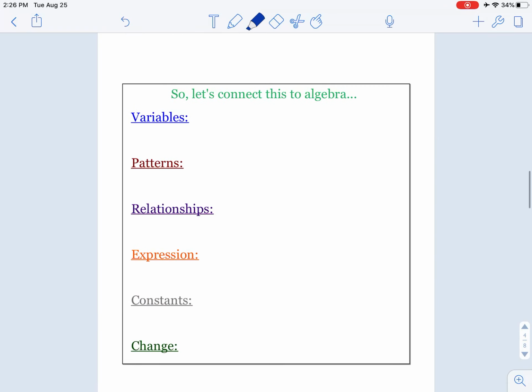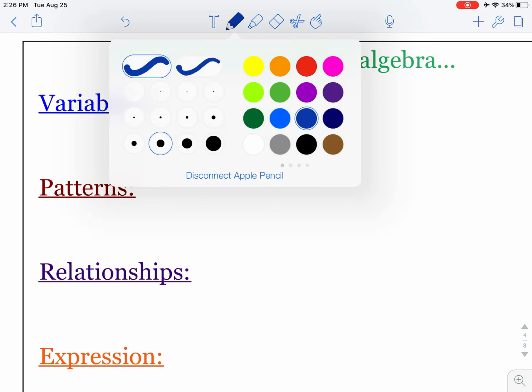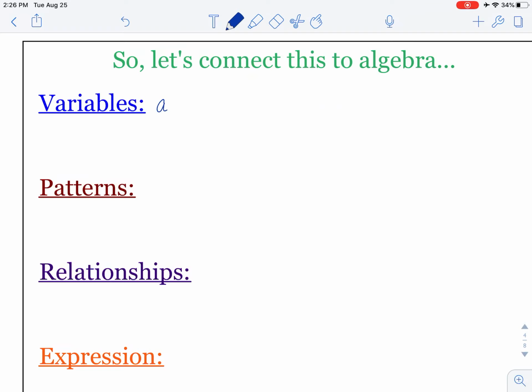So we're going to start today with vocabulary, and we're going to look at what is a variable. A variable is a letter that represents any number.